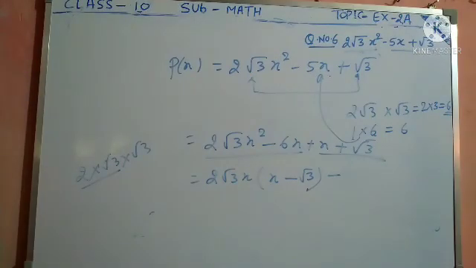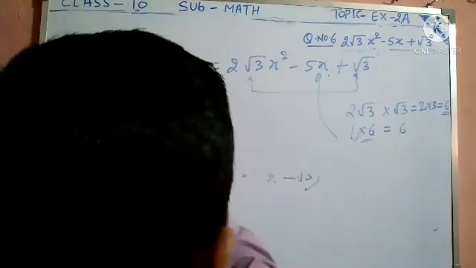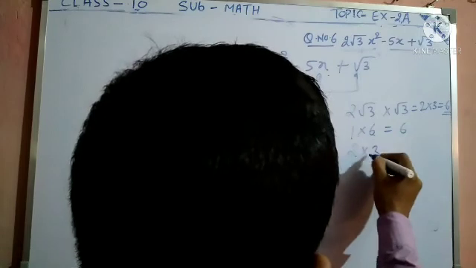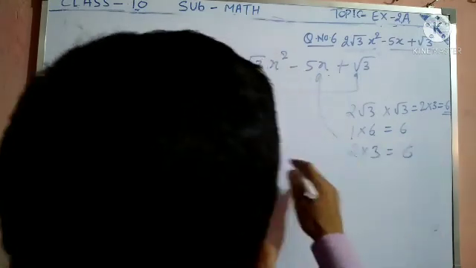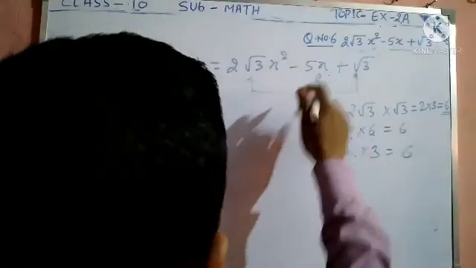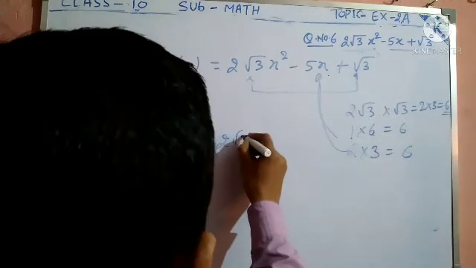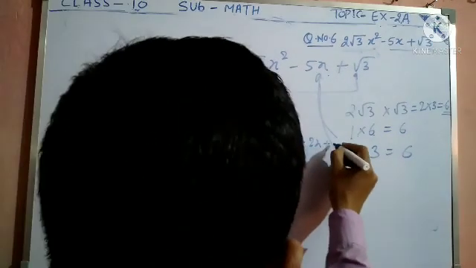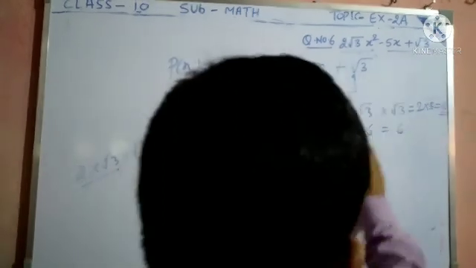But this equation does not work, so we take another formation: 2 into 3, that is 6, which lies between them. So 2 root 3 x square minus 3x minus 2x plus root 3.